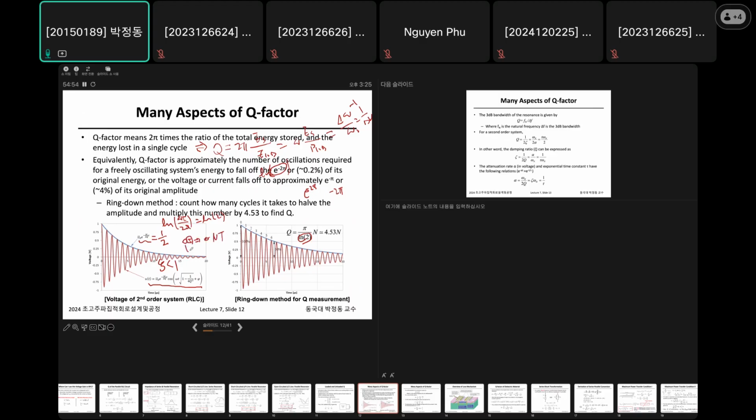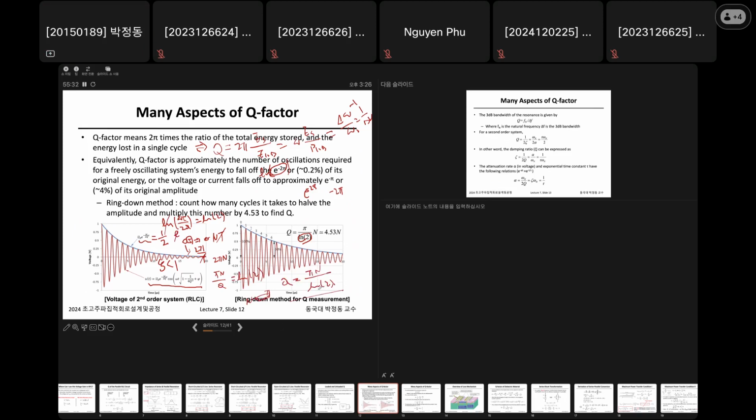Then omega is 2 pi over T, so you cancel. So this is pi n divided by Q, and ln e cancels. Pi n divided by Q equals ln 2. So Q is what? Q is pi n divided by ln 2. That's why you get this.